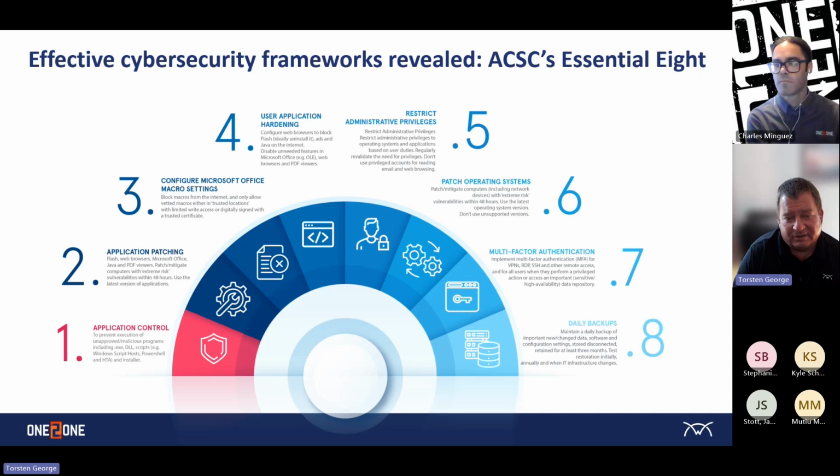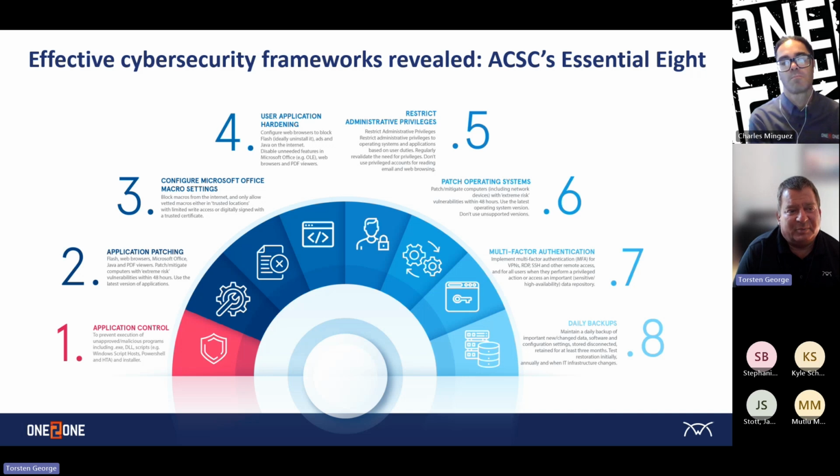earlier, multi-factor authentication. There have been a lot of articles written recently that it's no longer as effective as in the past, but I tell you, I know a few hackers, be it white hackers or the real hackers, and when you talk with them, they will tell you for them, multi-factor authentication is a major deterrent.